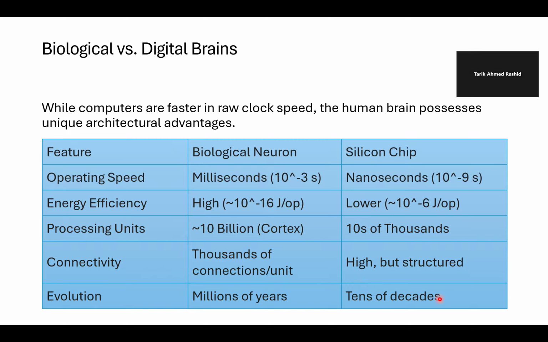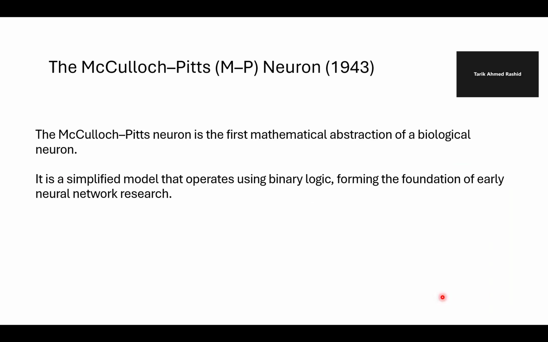So we can call it tens of decades. McCulloch-Pitts, 1943, as I mentioned, was the first mathematical abstract representation of a biological neuron.